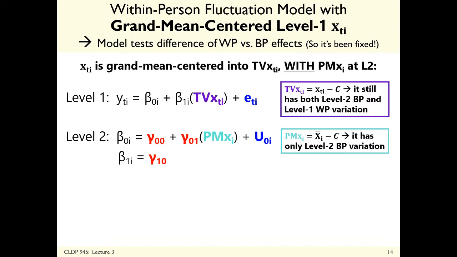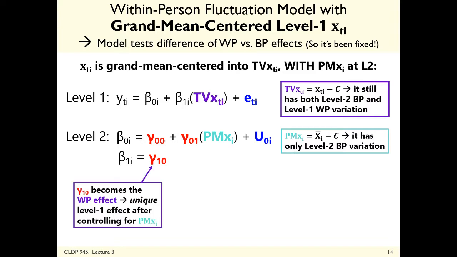So now, magically, its level 1 effect here, this gamma 10, becomes the within effect. It occurs through statistical parceling. It occurs because it has been appropriately controlled for the level 2 part. So it has to become the unique effect, which is within.